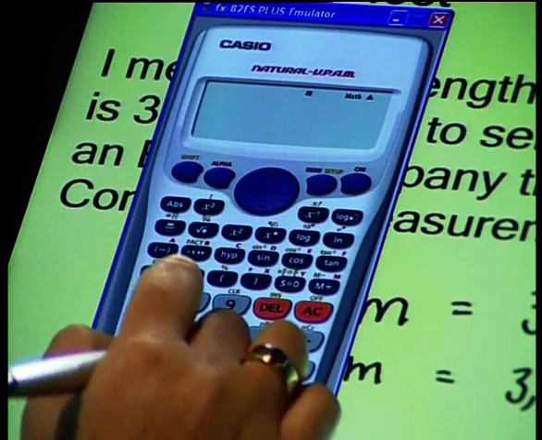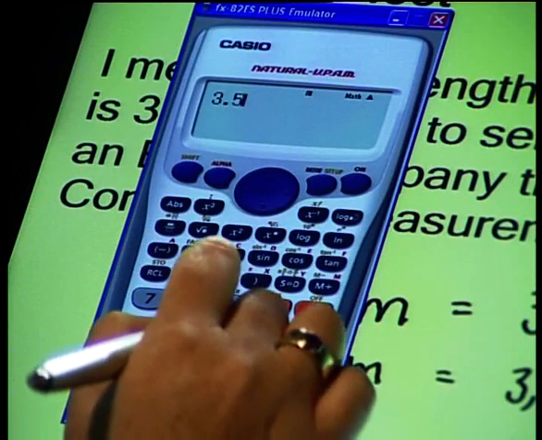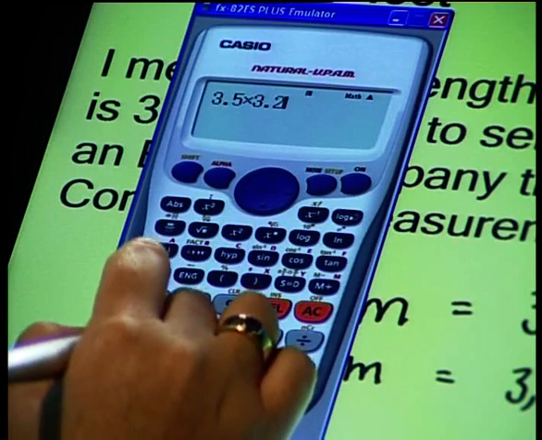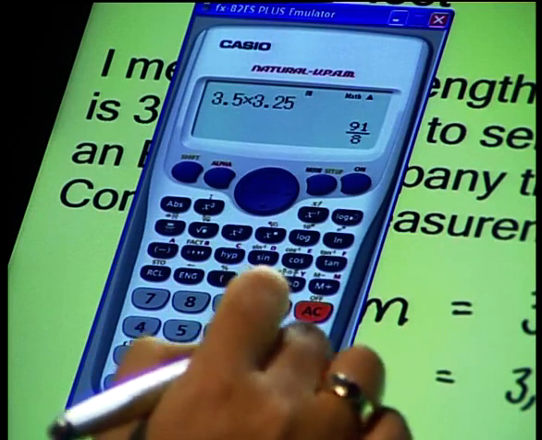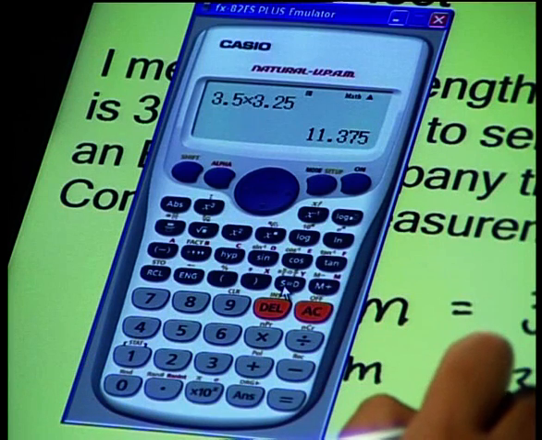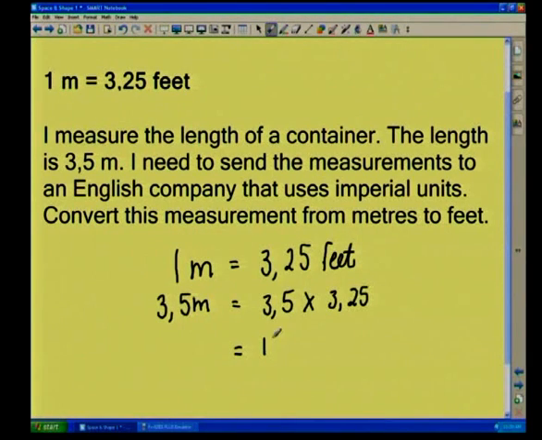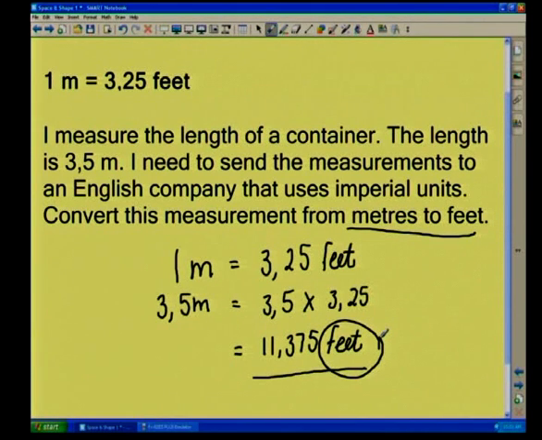It's going to be 3.5 times 3.25 equals 11,375 feet. Looking back at my question, they want to convert from meters to feet. My answer is in feet, therefore I am correct.